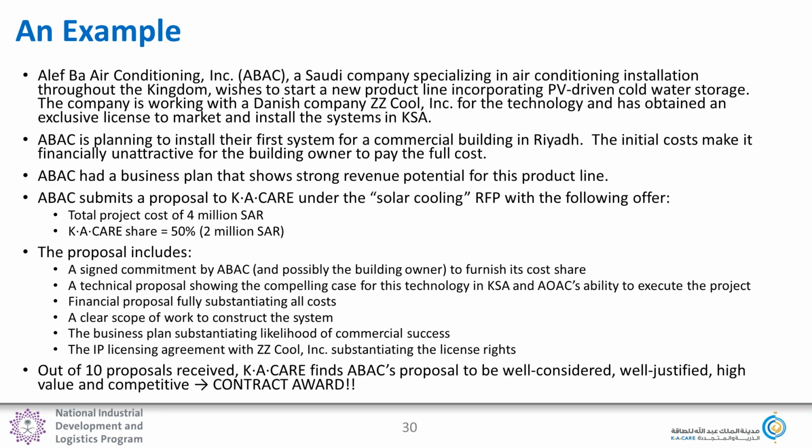They submitted a proposal that includes the signed commitment from them to furnish the cost share, a strong technical proposal with a compelling case for doing this, a clear scope of work, financial proposal substantiating all the costs, and a business plan showing how they expect to grow their revenue, and the IP licensing agreement. We received 10 proposals, but this is an excellent proposal, and you win an award. So that's how this is going to work.